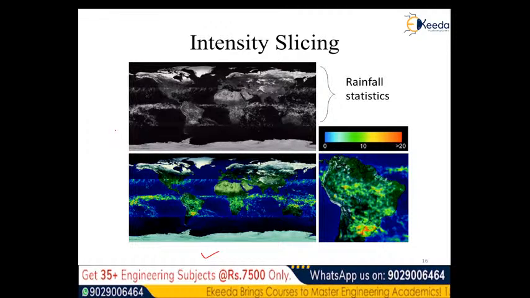So I think the 2 points are very clear: the figure part A, the input image, and after intensity slicing, the figure part B. The assignment of the different colors with respect to the statistics, here we have from 0 to less than 20, is shown in figure part C, and a magnified region is provided in part D of this illustration.